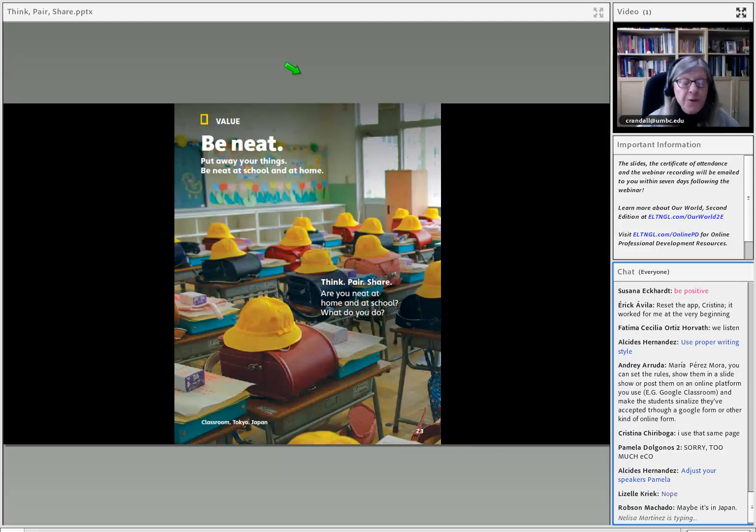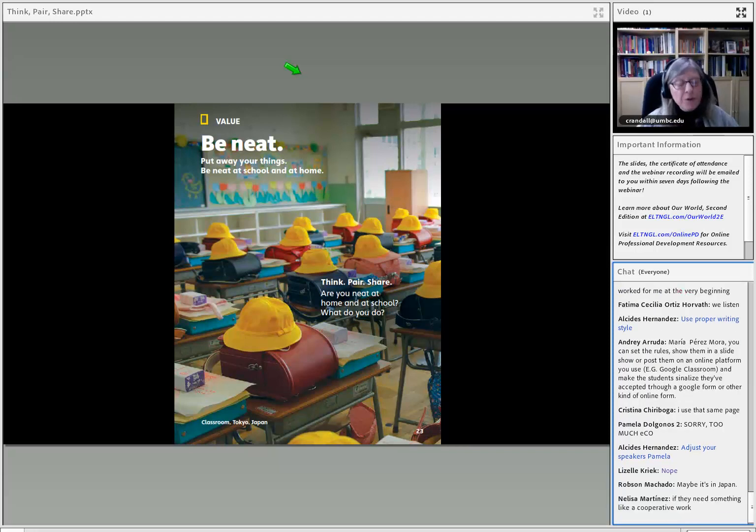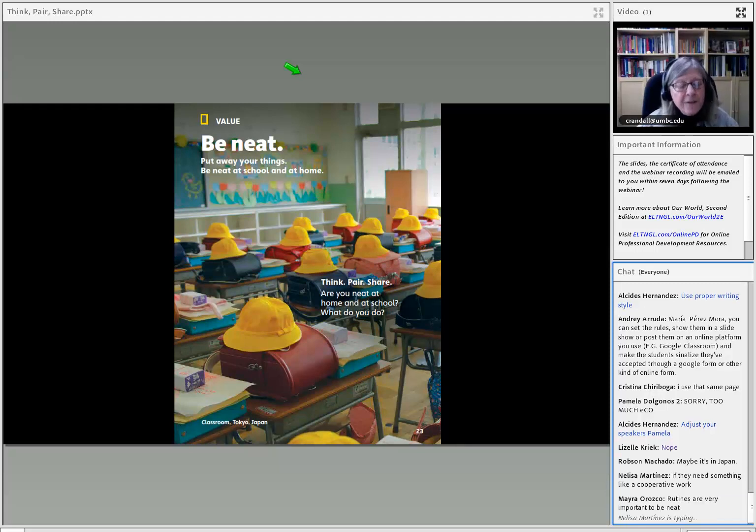This is a classroom in Tokyo, but your class may be quite different, and your learners may be putting things away in a different way, cleaning up in a different way. So one of the things we're trying to do even very early, and this is from a very low level, is we're trying to express that values may be the same, but how they're expressed or how they're realized, how people actually show that they have that value might in fact differ.